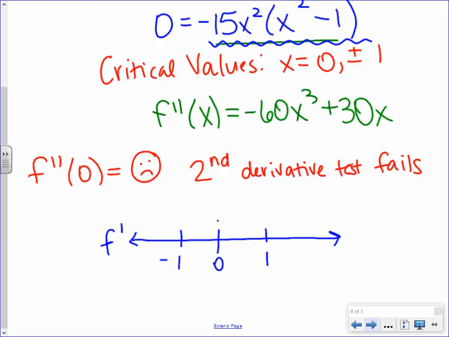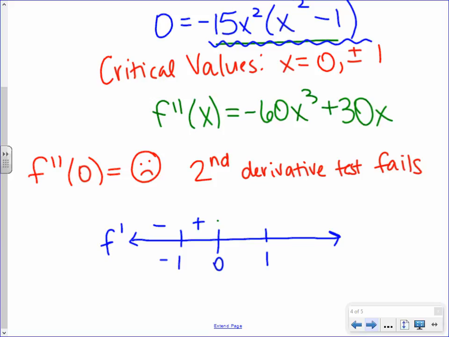If we plug a number to the left of negative 1 up there, looks like we're going to get a negative first derivative. If we plug a number between negative 1 and 0 into that first derivative, looks like we'll get positive.